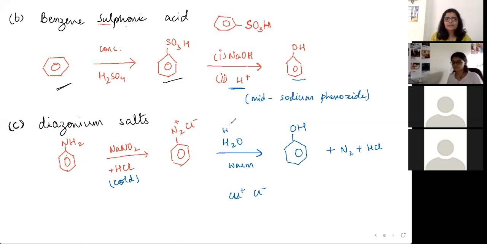In this case, you have H+ and OH-, so the OH- took the place of the entire azo group. Actually, I'll flip to the next page.